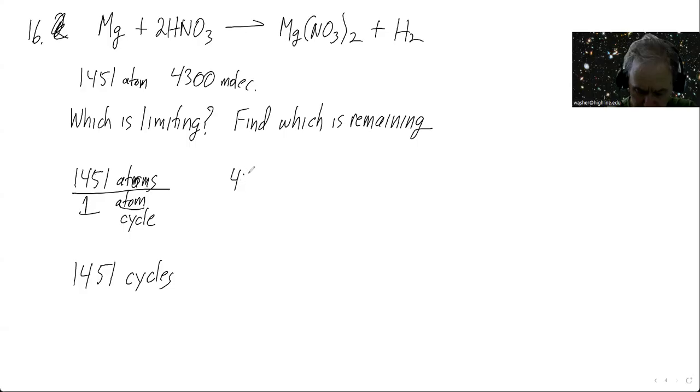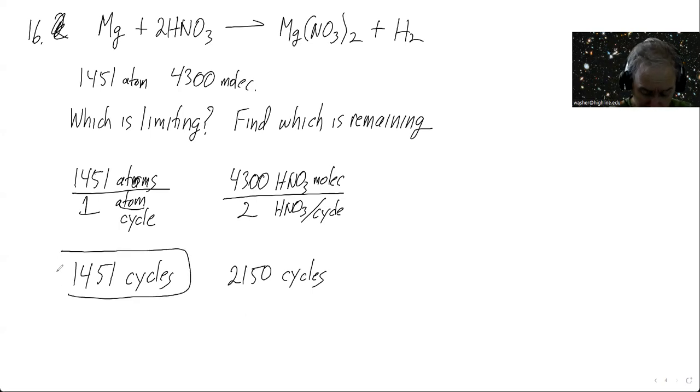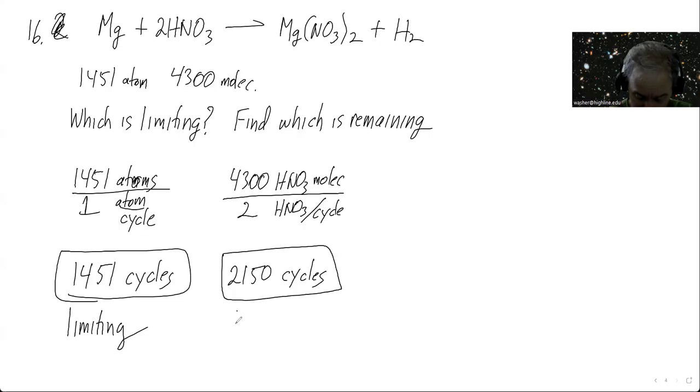And 4,300 HNO3 molecules divided by 2 HNO3 per cycle comes out to be 2150 cycles, right? Because 4,300 divided by 2 is 2150. So that means magnesium is limiting, and HNO3 is in excess.